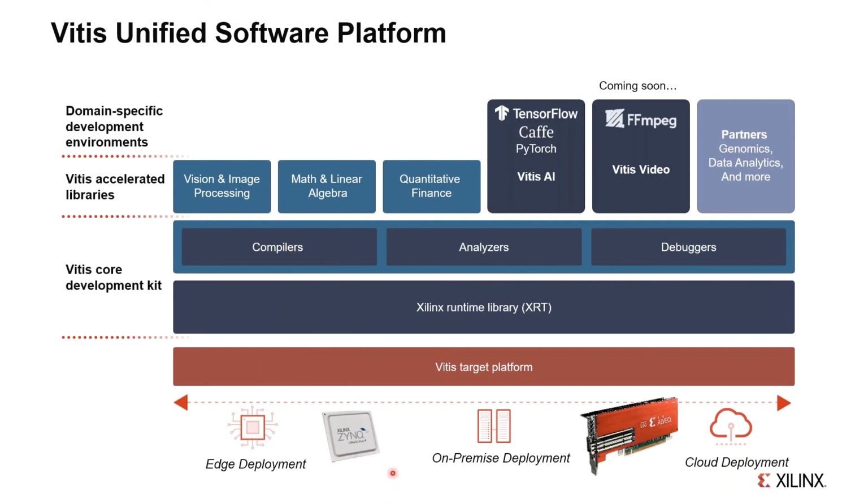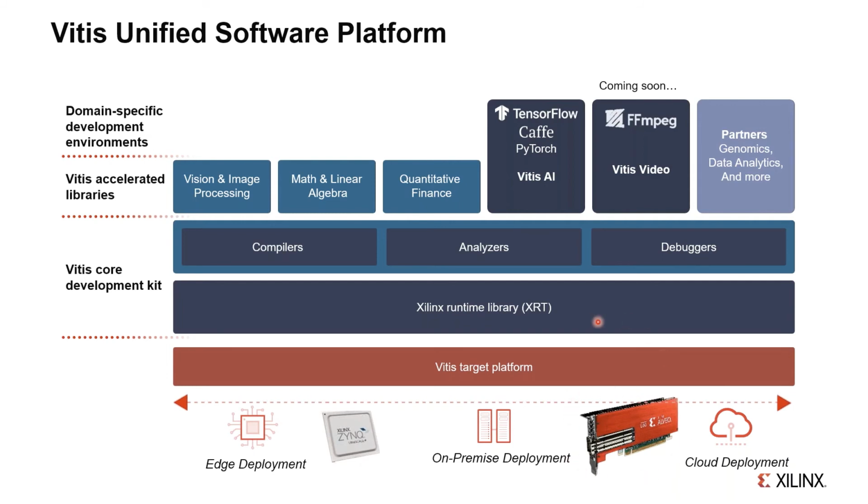So right at the very bottom of the stack, we have basically the targets on which we deploy. This can be any kind of FPGA for Vitis, but in the particular case of machine learning, we're particularly interested in deploying on Zynq or on our Alveo accelerator cards, okay?